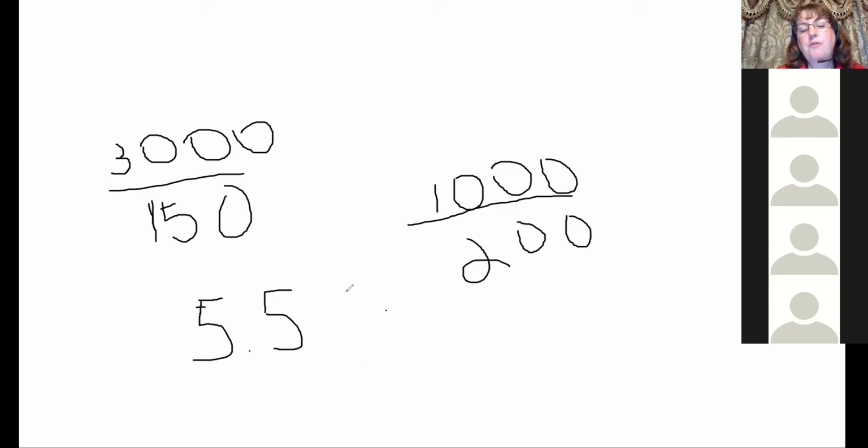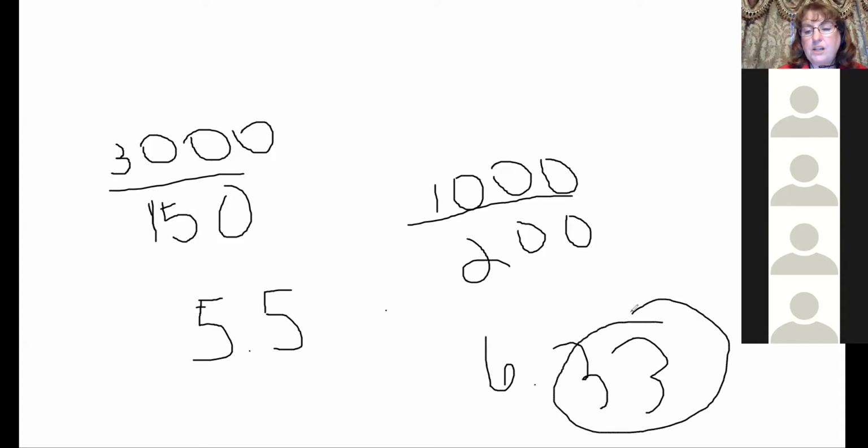And then if you ever got, say, 6.33, then this 0.33, it's like a repeating number. You would just take those two numbers after the point, 0.33, and multiply it by 60. That's how you figure out those repeating numbers. Or if you had 0.75, you just take the 0.75 times 60.